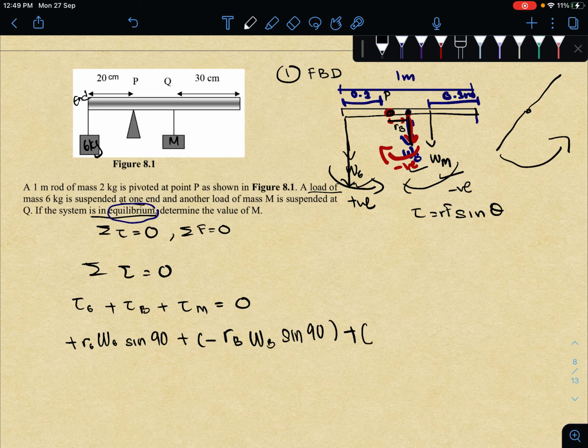So direction dia leads to the negative torque. So kita akan ada jarak dia daripada pivot point sampailah ke force applied. So ini adalah R due to load M ini. So dia negative RM. Force kita W ke bawah, WM. And then angle antara mereka is 90, sin 90 juga.